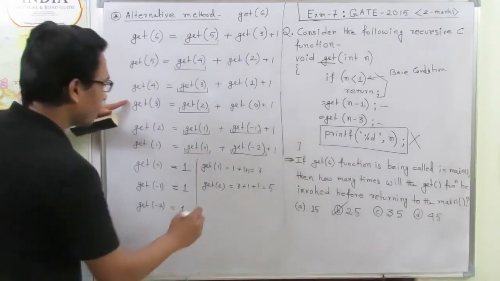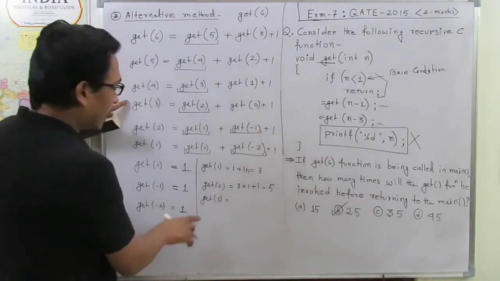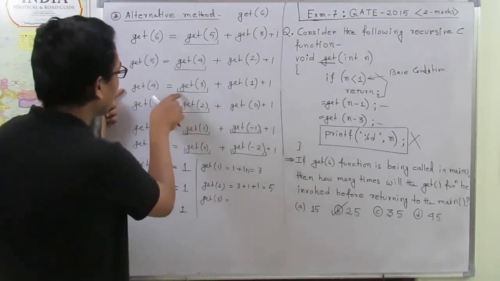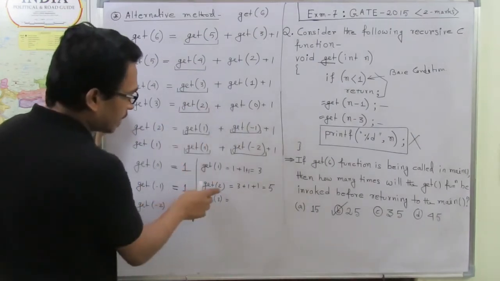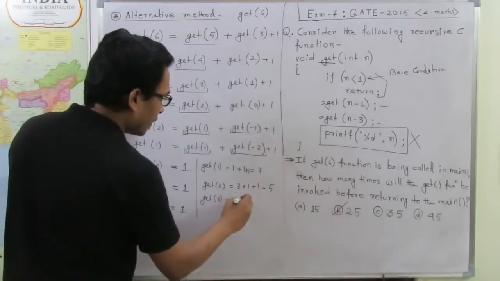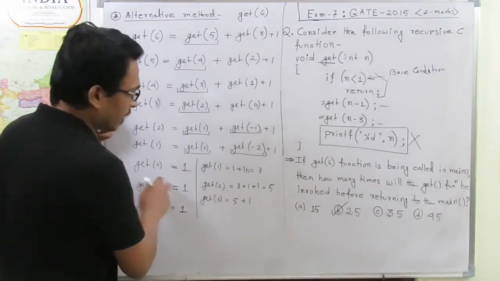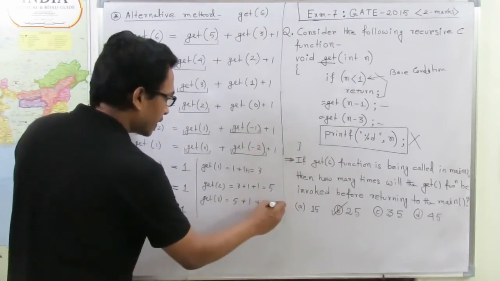Now get 3. Look, the number of get functions invoked for parameter 3 depends on get 2 plus get 0. So for get 2 the total invoked is 5, plus for get 0 the total invoked is 1. We already calculated that one, plus 1. So the total here is 7.